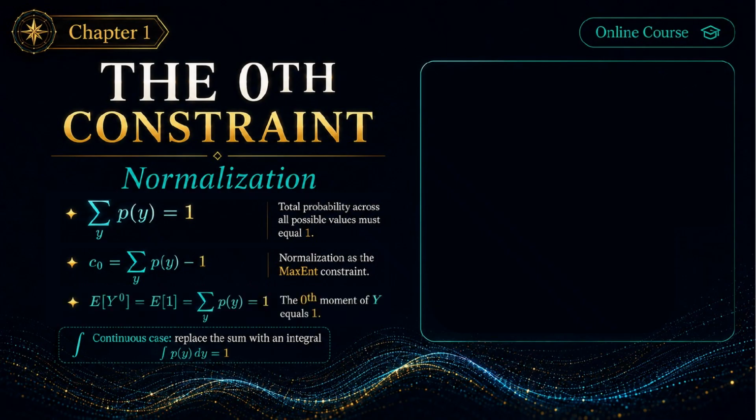Or, as I alluded to previously, we can write it as the zeroth moment, because y to the 0 is 1, the expected value of 1 is 1, and of course that is also the sum of the probability distribution. And as always, the logic holds for continuous distributions by replacing sums with integrals.